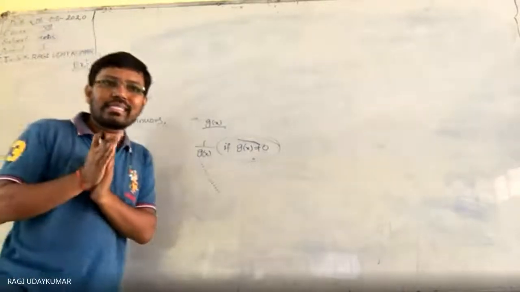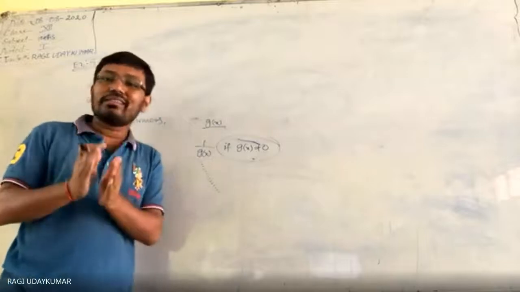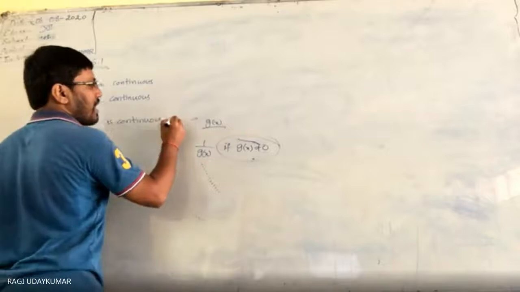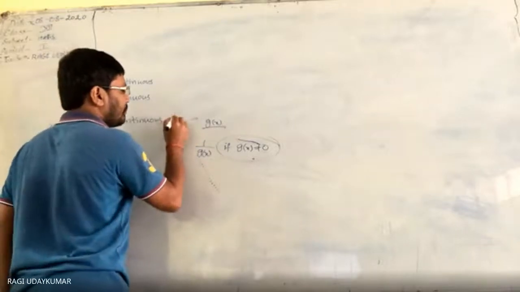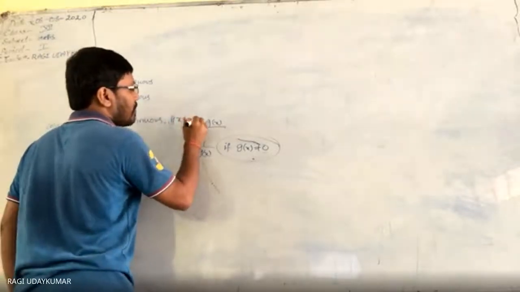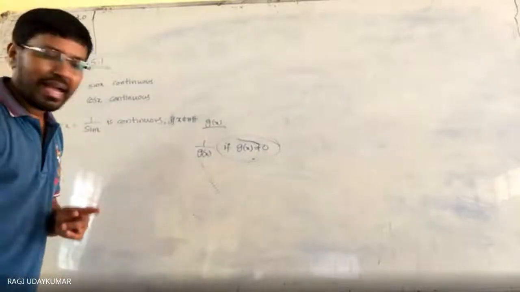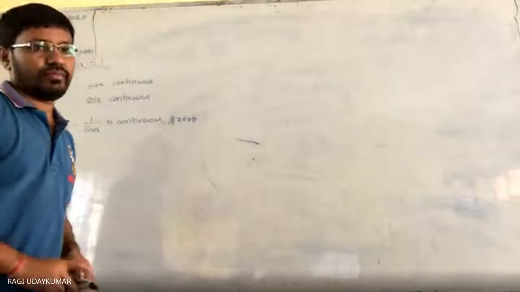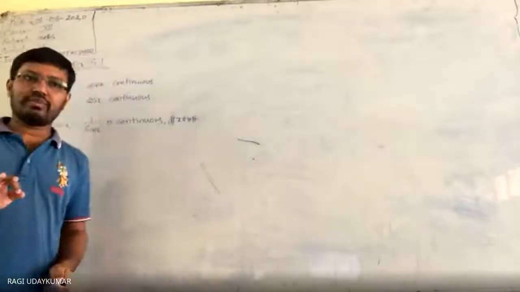So cosec x is continuous if x is not equal to n pi, because at n pi the sin x becomes 0.